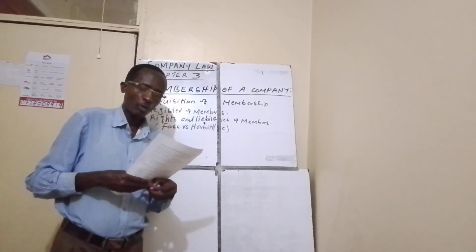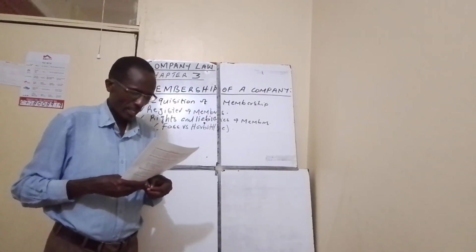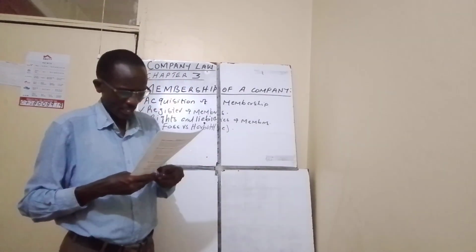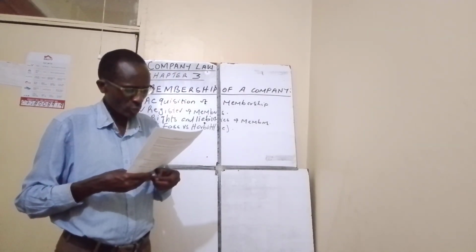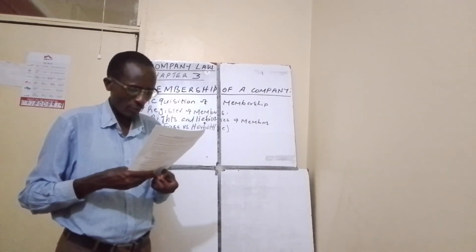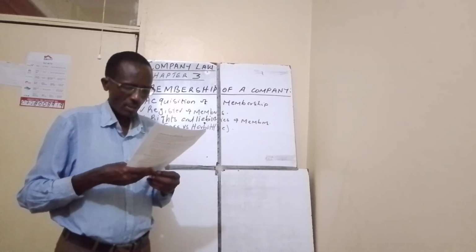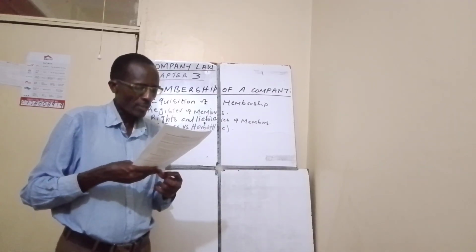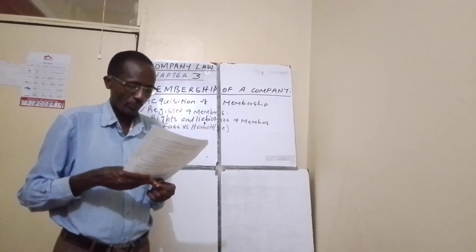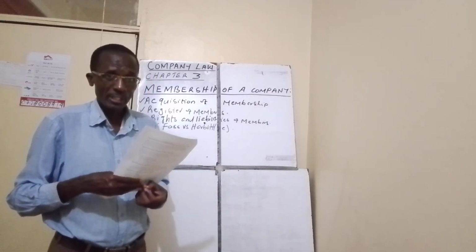Alteration of the object clause. Under Section 8, subsection 1 of the Act, a company may, by special resolution, alter the object clause of the memorandum. However, the proposed alteration may be objected to by the minority. How can that one be objected?